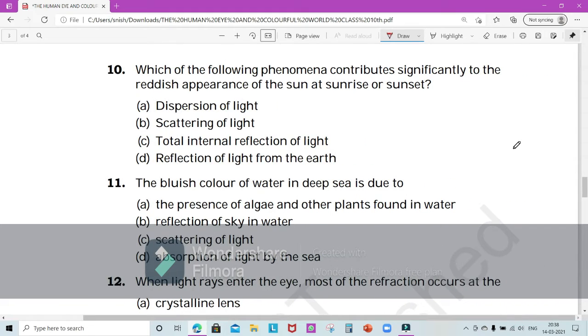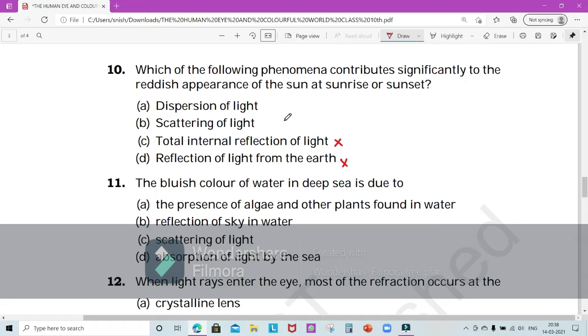Next, which of the following phenomena contributes significantly to the reddish appearance of the sun at sunrise or sunset? Reflection of light from earth? Nope. TIR of light? No. Is it due to scattering or is it due to dispersion of light?